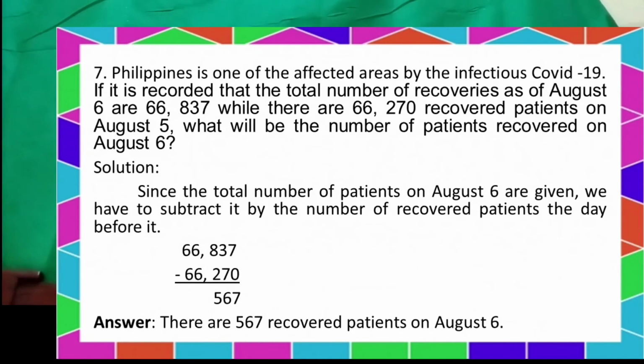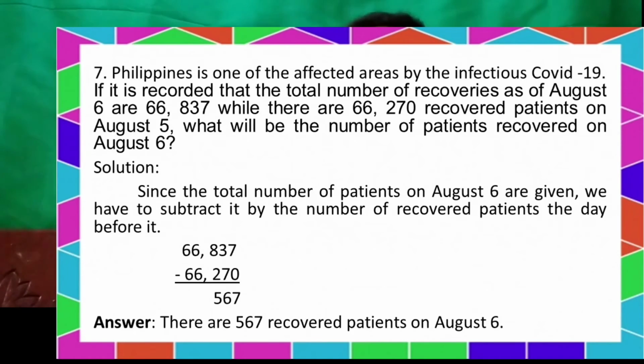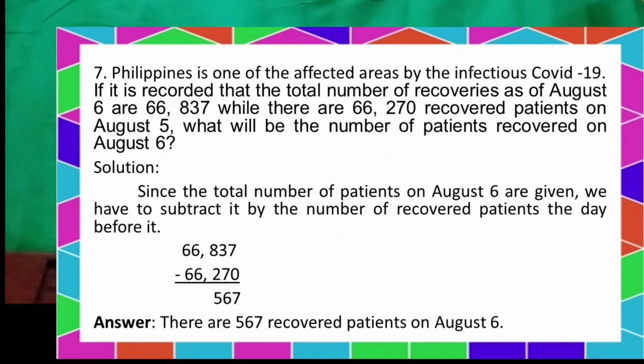What will be our operation? So we will use subtraction. How is that possible? We have to subtract the number of recoveries on August 5 from the total number of recoveries on August 6.